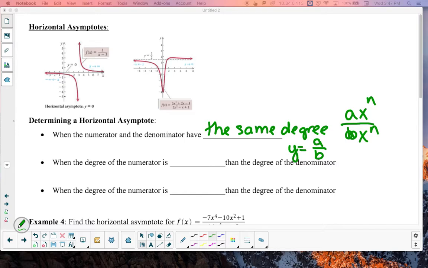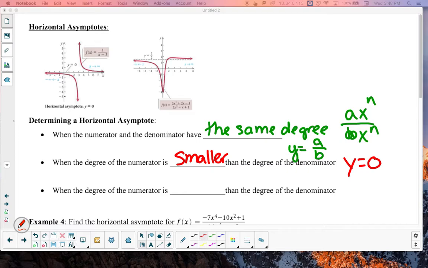Polynomials, if the degree in the numerator is smaller than the degree in the denominator, then we're going to have y equals 0. So that would mean our x-axis is our horizontal asymptote.